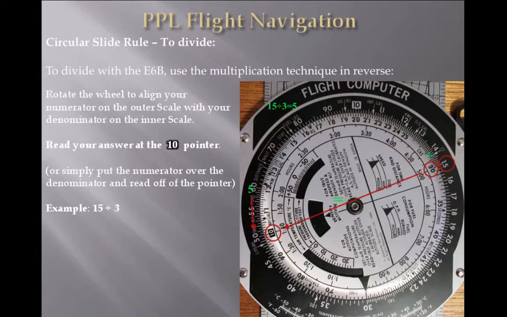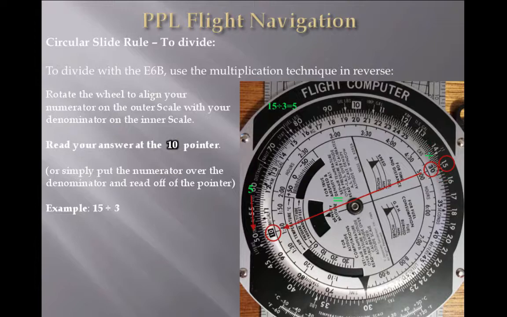Now division is the same multiplication technique, but in reverse. So what we do is rotate the wheel to align our numerator on the outer scale with our denominator on the inner scale. And this time we read our answer from the base 10 pointer. So again, we've got a little example on the screen here.